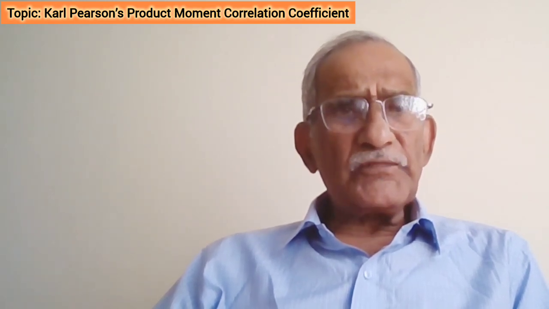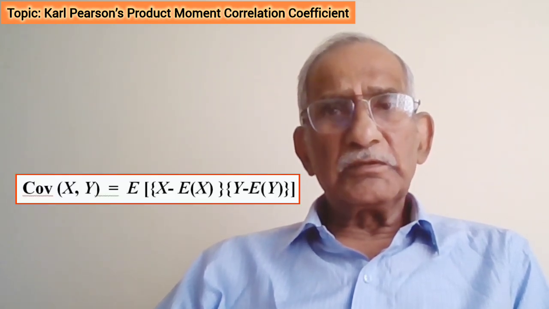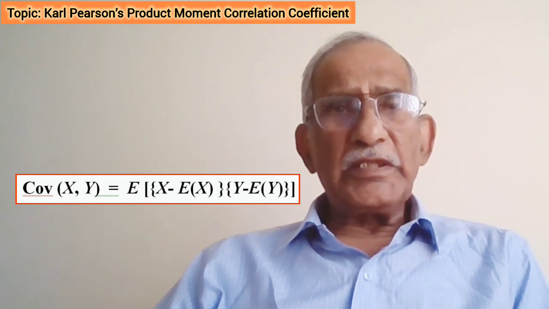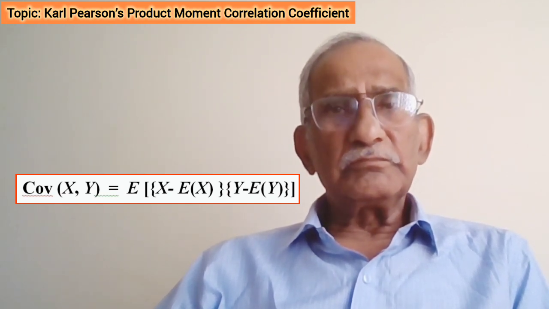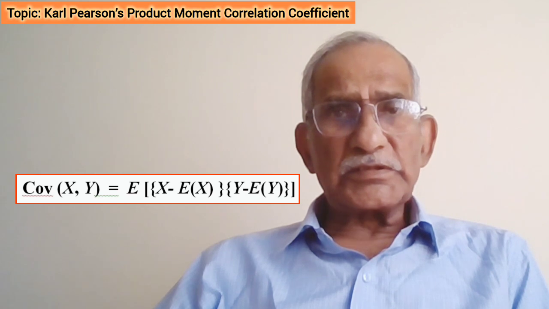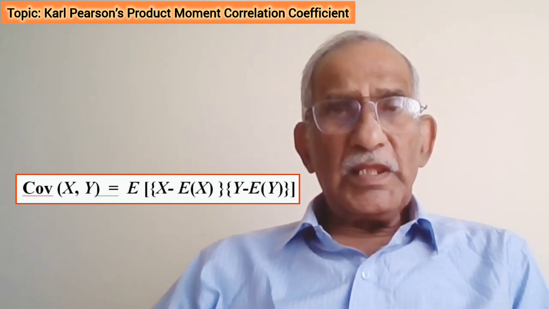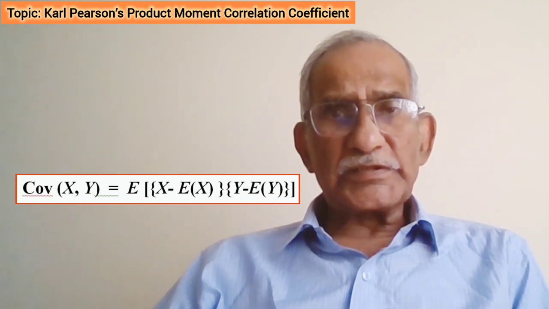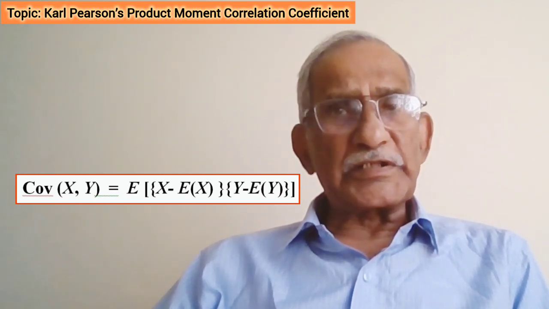The extent of relationship between two variables, say x and y, can be measured by covariance between x and y. Covariance xy is defined as expectation of x minus expectation x into y minus expectation y.